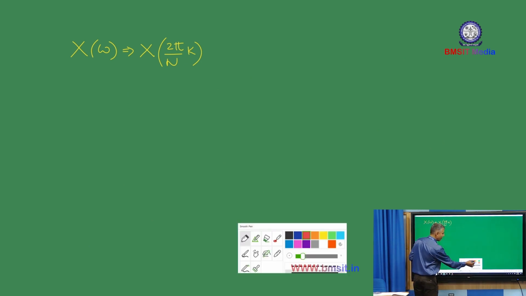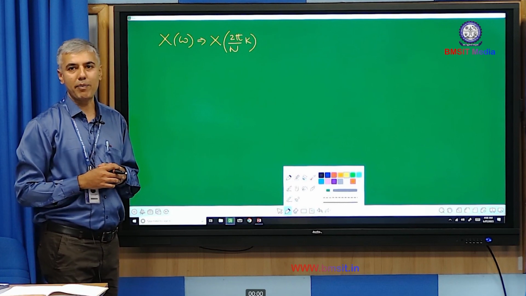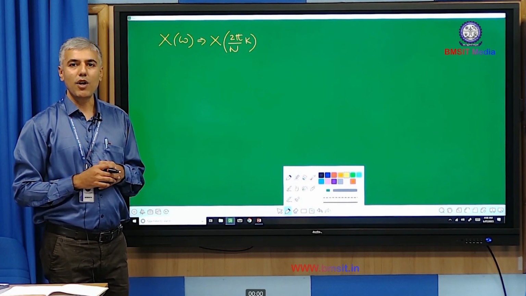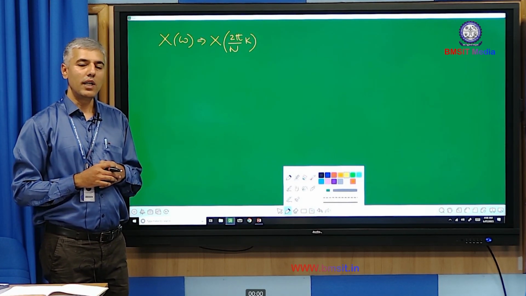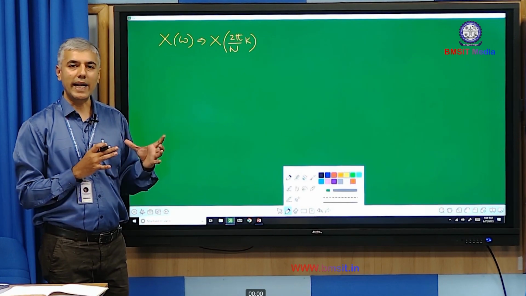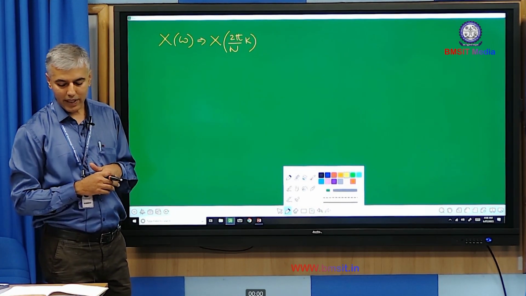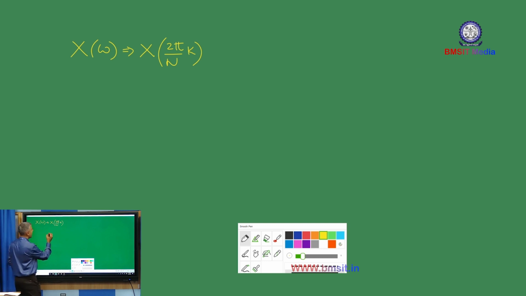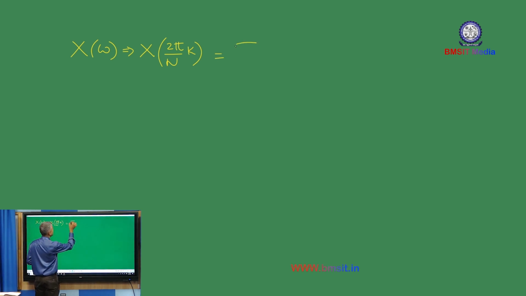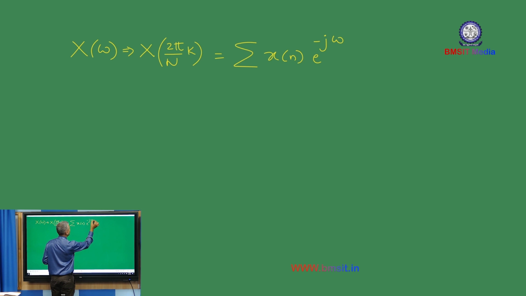I am trying to find out, is it possible to reconstruct x of n using these samples. So now the X of omega is no longer considered, but only the N number of samples of X of omega are being considered. I will write the representation as summation x of n e raised to minus j omega n, n equal to minus infinity to plus infinity.